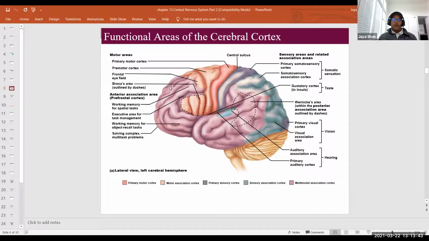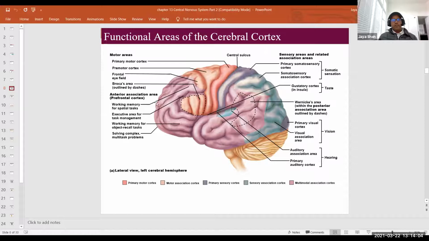This is only the left hemisphere of the brain. You see the same thing in the right hemisphere. Whatever structure is in the left hemisphere of the cerebral cortex, you have the same functional areas in the right hemisphere.